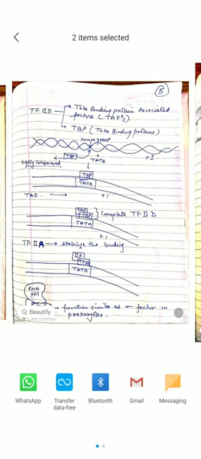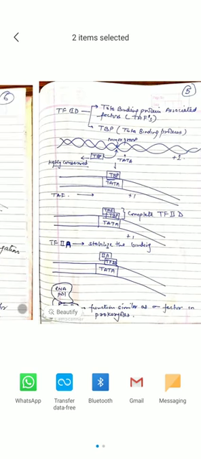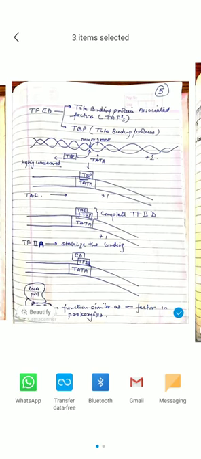Later on, factor TF2A arises and it stabilizes the binding of TF2D with the TATA box. Now comes factor TF2F together with RNA polymerase. Factor TF2F acts as a sigma factor, just like in prokaryotes.